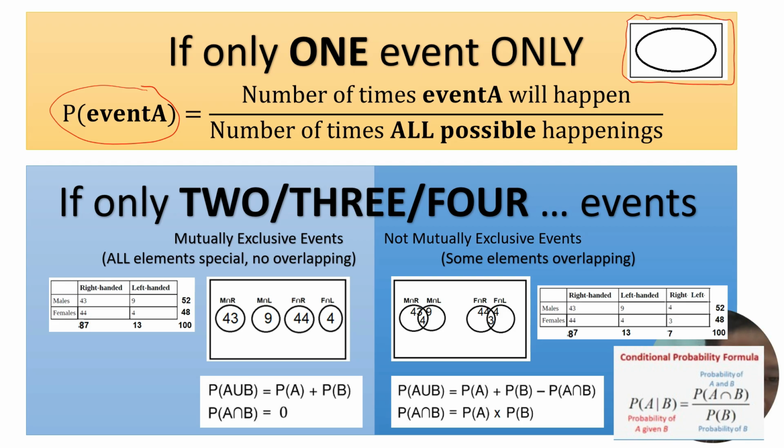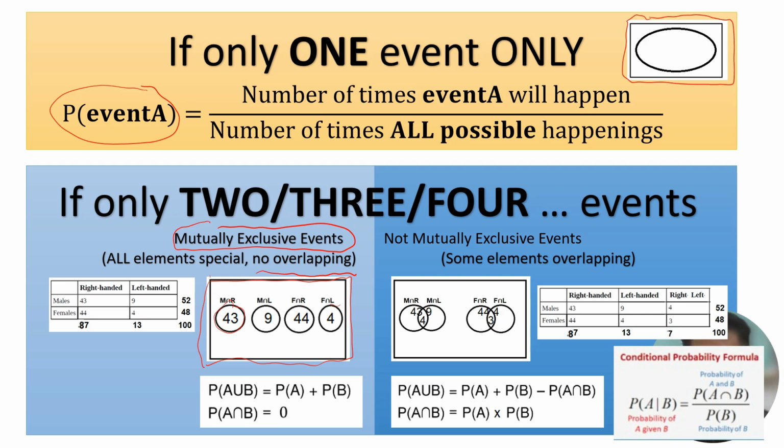In this diagram, M is male, R is using the right hand to write, L is using the left hand, and F is female. We found that no same person overlaps inside those events. This scenario is called mutually exclusive events: no overlapping elements, nobody in the shared box.